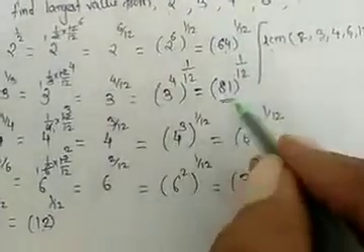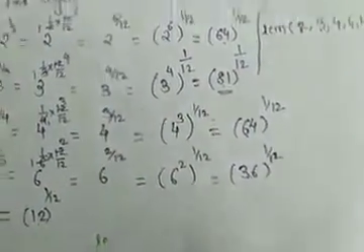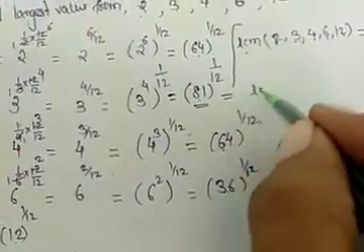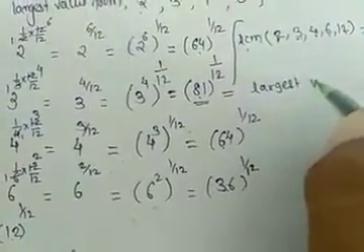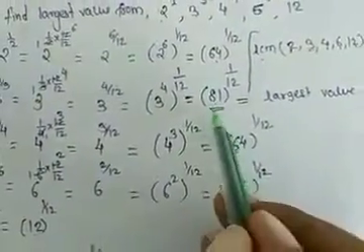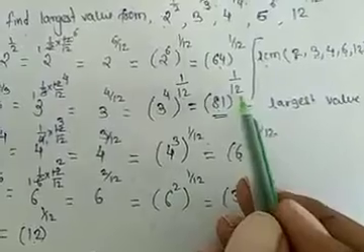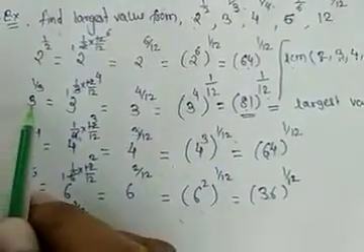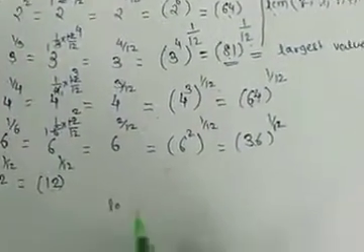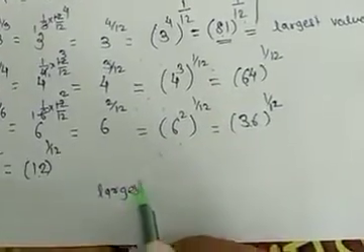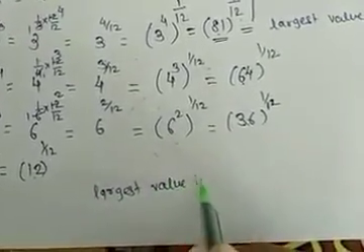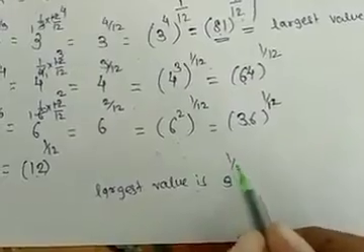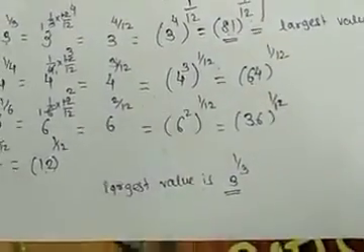So the largest value is 81 raised to 1 upon 12, and it is of the term 3 raised to 1 by 3.